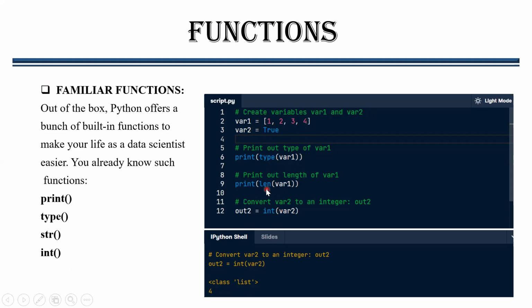In the next step, we print out the length of variable 1, simply print length. Length is a function, and it will give the length of variable 1. It has a length of 4 elements, 1 2 3 4.